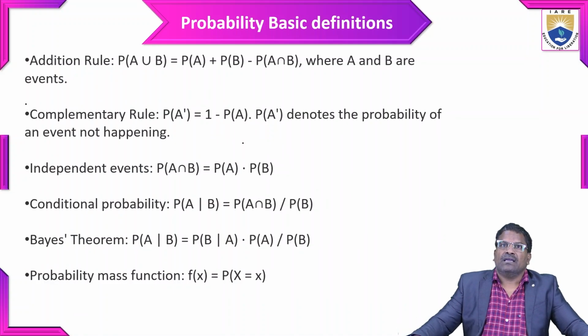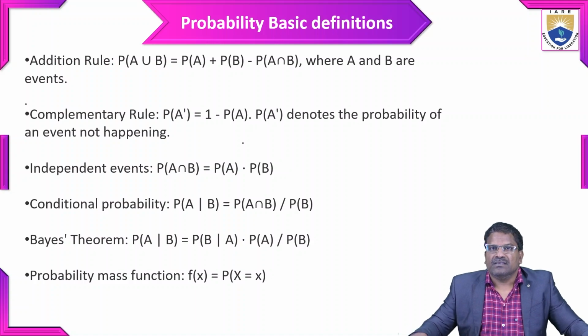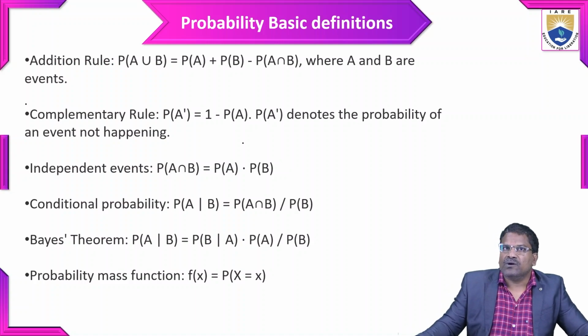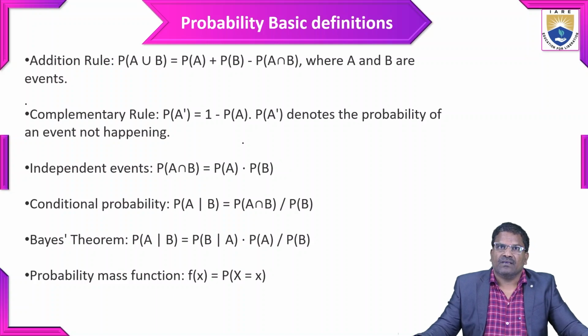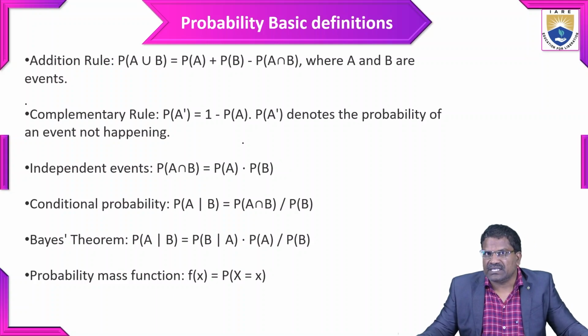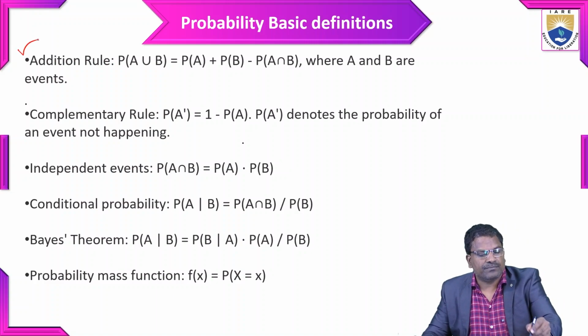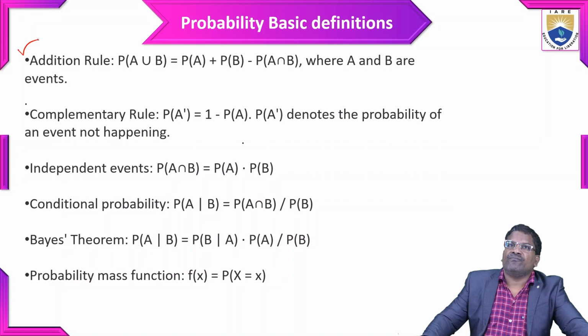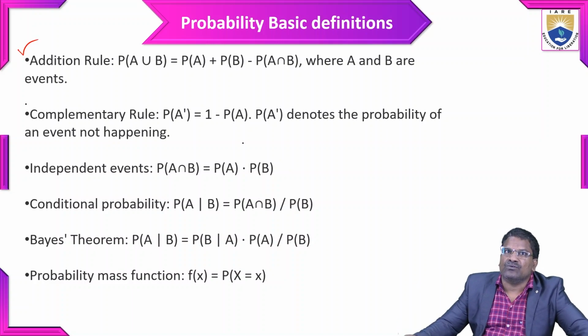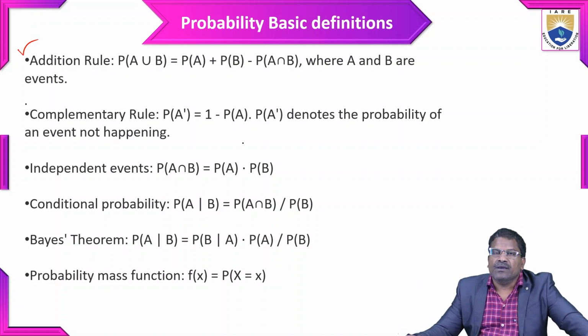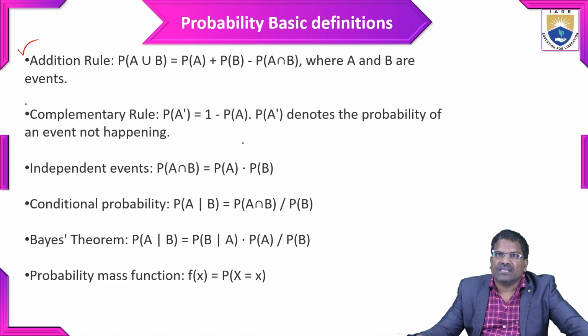Now let us see some important rules of probability. Amongst them, the first one is the addition rule. What is the addition rule? If A and B are two events, then P of A or B is equal to P of A plus P of B minus P of A intersection B, where A and B are events.